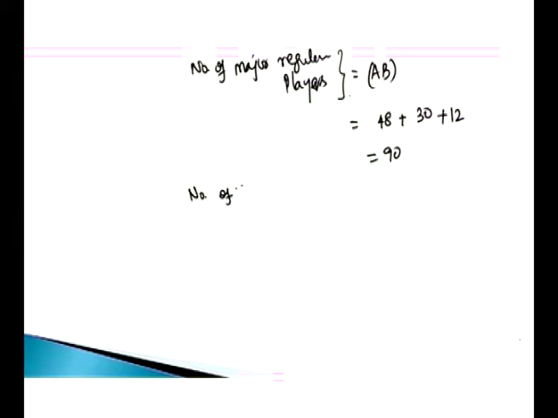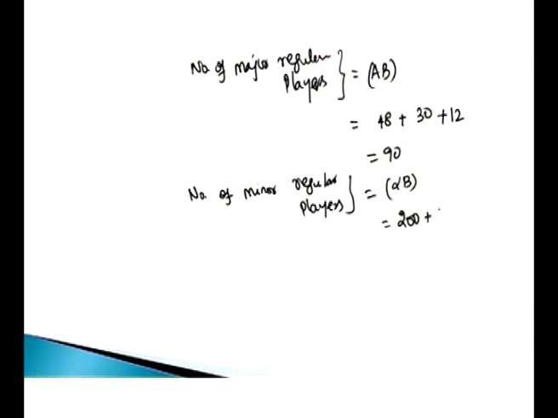Similarly, the number of minor regular players, alpha B, is equal to 200 plus 150 plus 90, which is equal to 440.